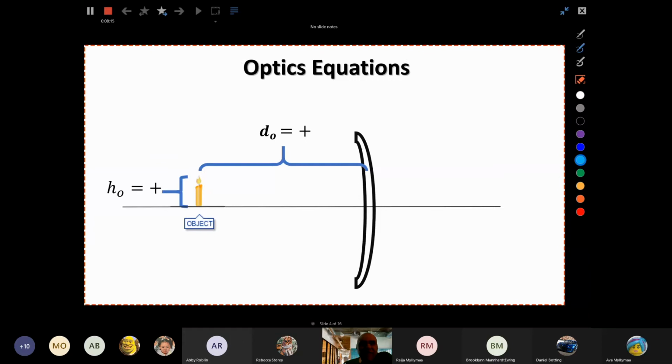Frankly, in every scenario we draw, we're going to have these both as positive, because that's how objects appear in the real world. They're always pointing upright. Now with our image for this one, the height was negative. It was pointing down. It was still over on the left-hand side, so it actually had a positive distance.